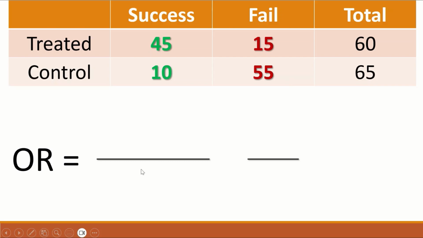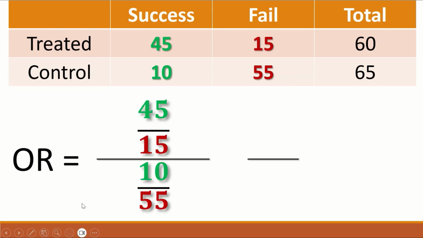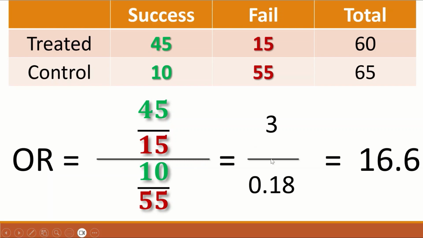To calculate the odds ratio, divide the odds for the treated or the exposed by the odds for the unexposed or the control, as shown here: 45 divided by 15, and then that's divided by 10 over 55. This gives us the value of 16.6.